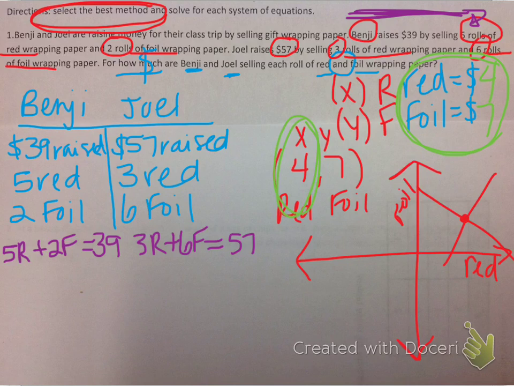You need to make sure that you answer that question. Okay? So your step 5 is pick your method. Of all the different ways that we've learned, pick your favorite. And step 6 is answer the question. So that's this part. Make sure that you actually go back and label the red equals $4, foil equals $7.